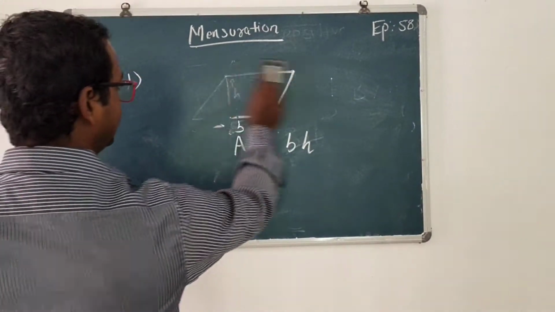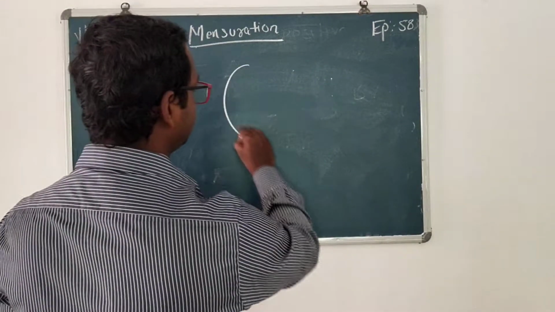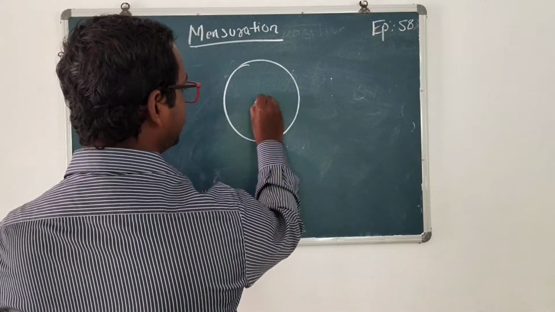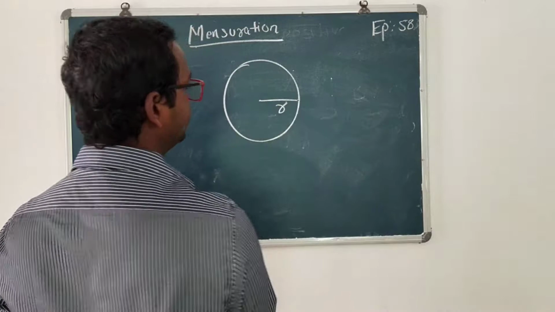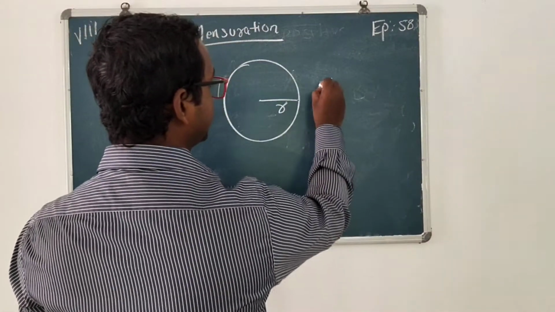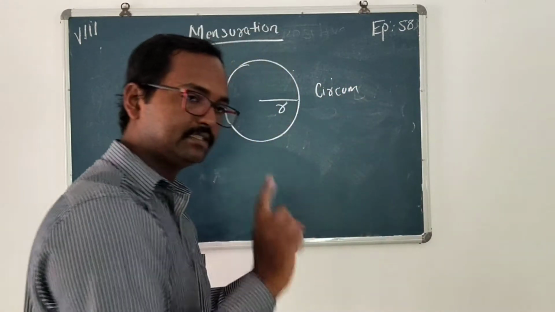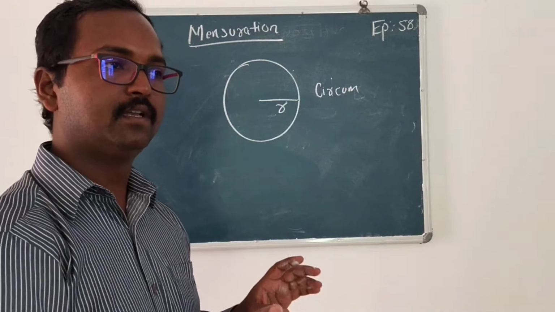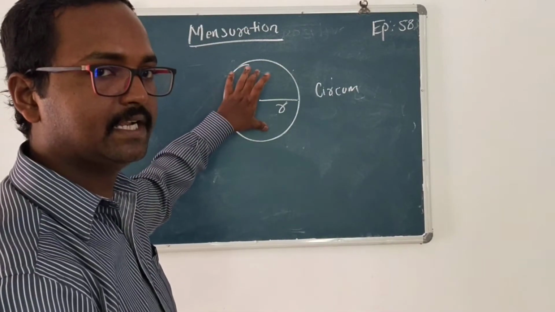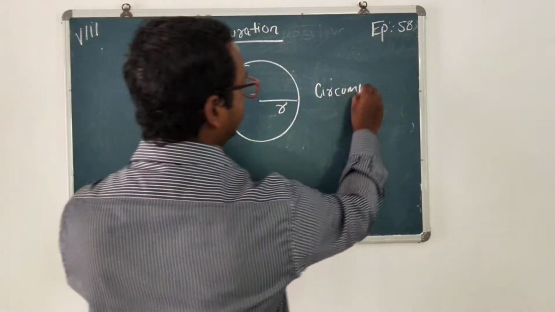Next is a circle. In the circle, remember, from the center we have radius. Okay, and in circle we have to talk about circumference of circle. Just like in all the other figures we talk about perimeter, when we have a circle, instead of perimeter, we use the term circumference.